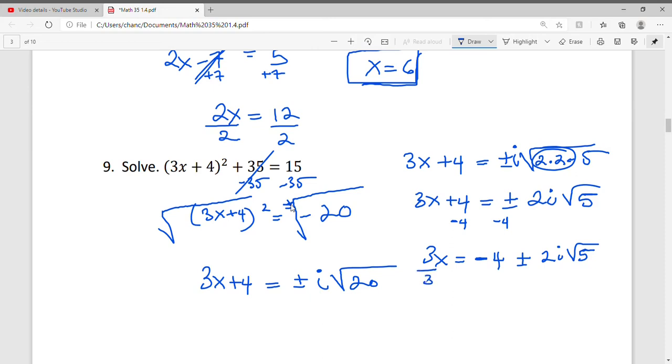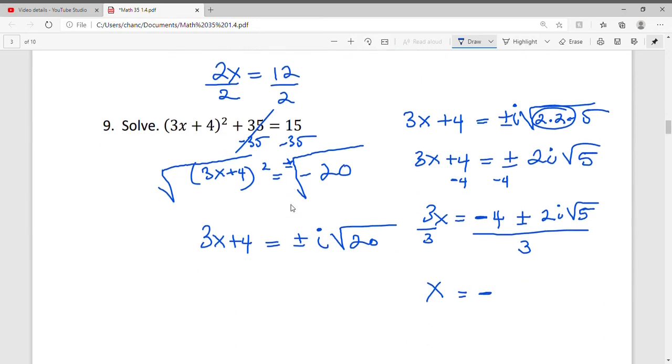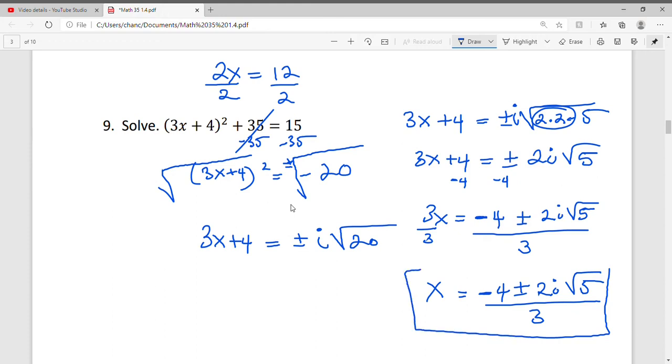Now I could divide both sides by 3, and here is our final answer. It is negative 4 plus or minus 2i root 5 all over 3. This is an ugly answer, but this is exactly what we're looking for in question number 9.